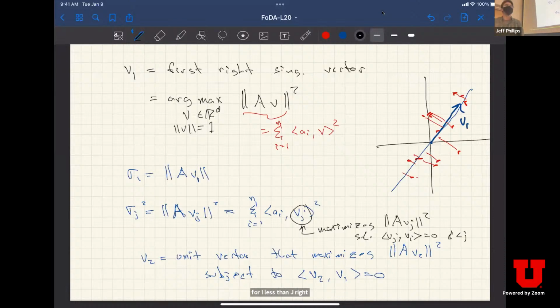So I have to know V1 through Vj minus 1 in order to construct Vj. By themselves, they aren't really that informative, but they're informative if I look at everything up to that point. That's the best subspace I could find, minimizing the variation for the subspace of everything that's left after I factored out the best thing that came before it.